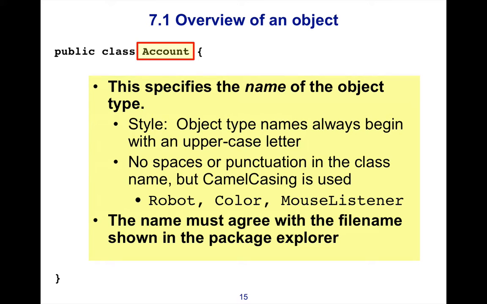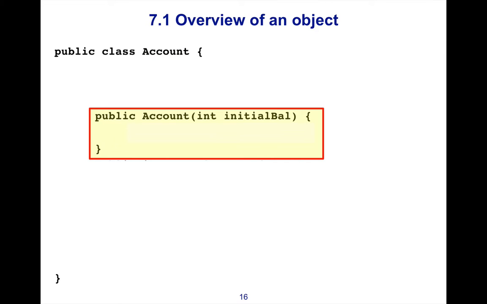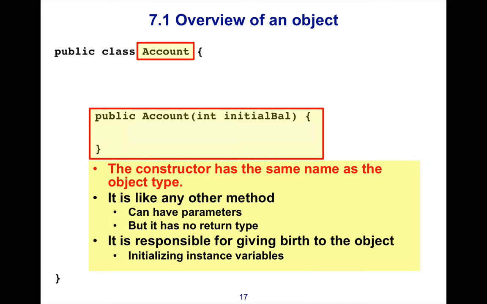The next thing we're going to look at is the constructor. And you see the constructor highlighted here. And how do you recognize a constructor? It has the same name for its method as the name of the type of the object. So if this is an account object, public class account is the type, then the constructor is always called account. There could be more than one constructor, but its method name, that part of its signature, is always the same name as the object type, namely account in this case.